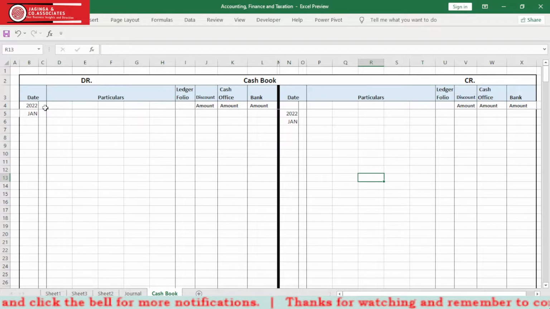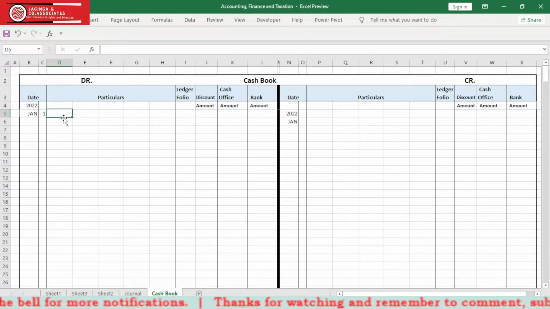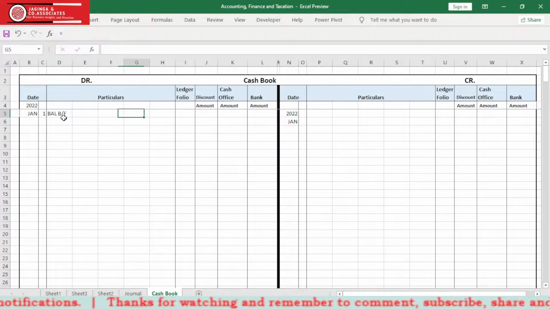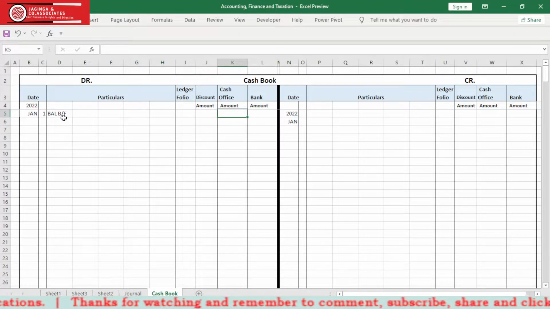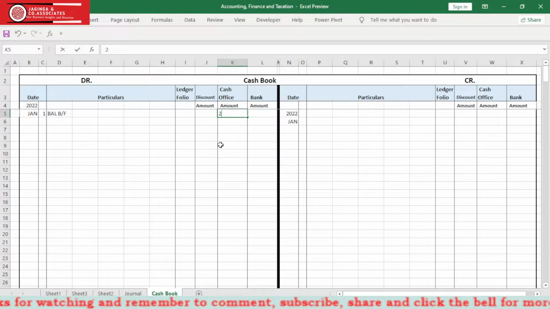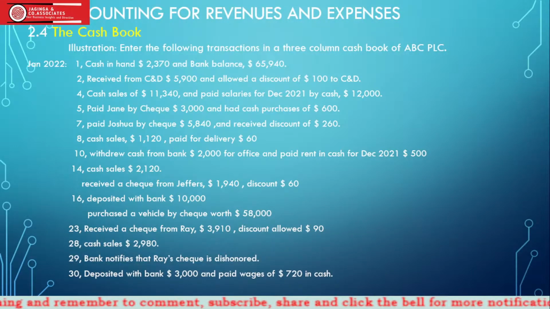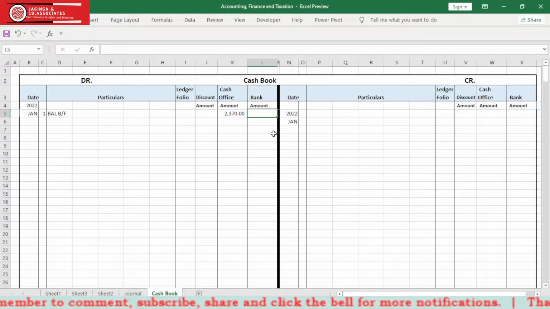So we'll come here to 1st of January and write balance brought forward. The cash in hand is 2,370 and the bank balance is 65,940.